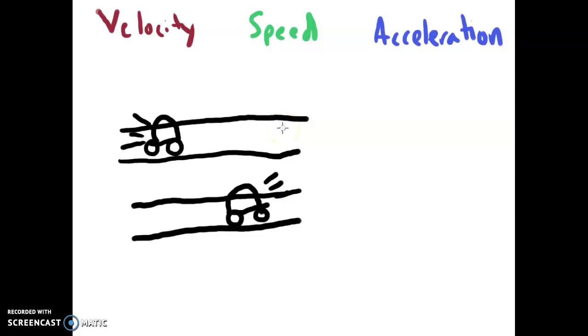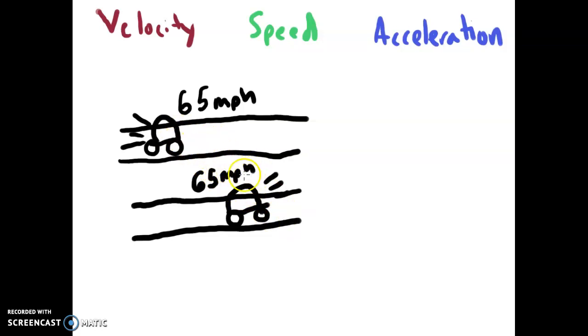Now, if I ask you the question, how fast are these cars going? Someone might say, okay, well, this car, it's following the speed limit. It's going 65 miles per hour. And the same person might say, oh, look, this car is also following the speed limit. It's going 65 miles per hour. Now, a clever person might say, wait a second. There's no way these cars can be going the same, right?